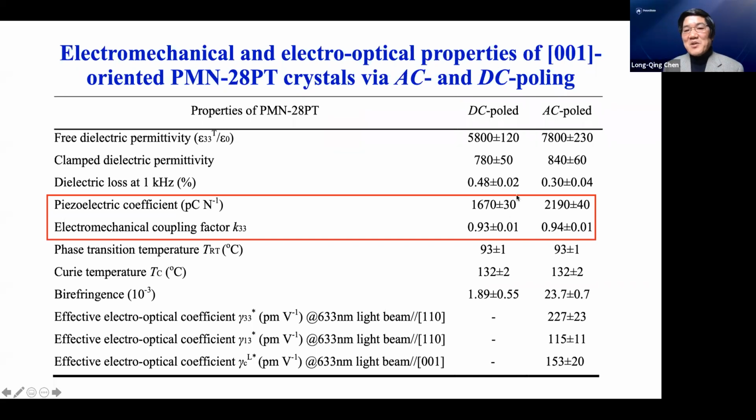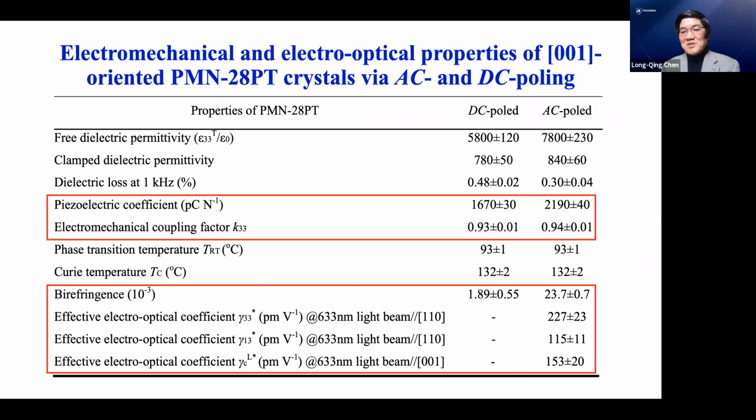The DC pole is around 1700, or 1670 plus minus 30, compared to about 2200 for AC pole. So it's about a 30% enhancement. And for both the AC and DC pole, the electromechanical coupling factors are very high.